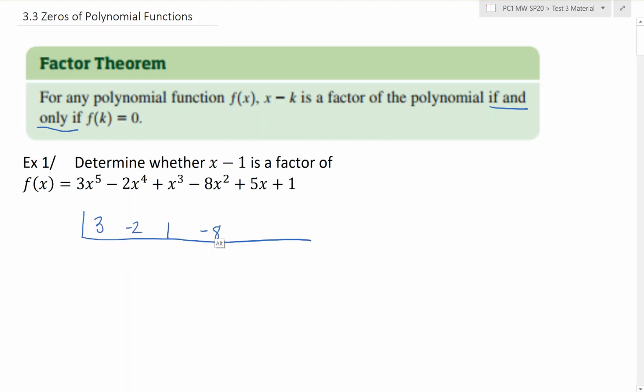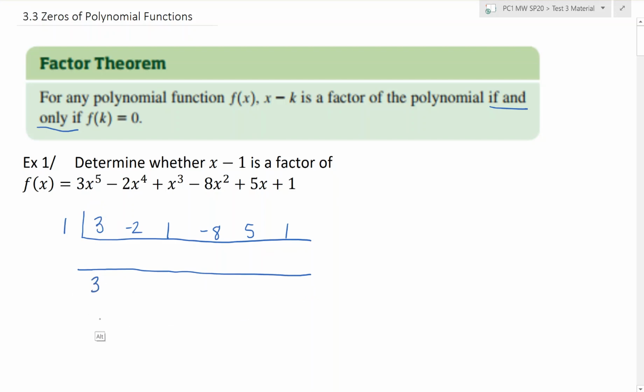Make sure that you're not missing any negative signs. We're not missing any terms, so we don't need to put any 0 placeholders. And if x minus 1 is a factor, then we are hoping that 1, once we push it through this synthetic division table, will result in a 0 here. So let's start that process here.